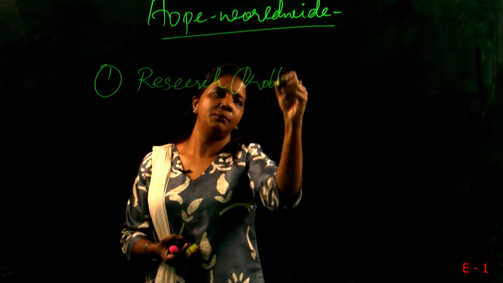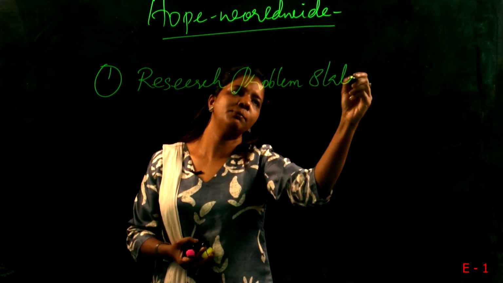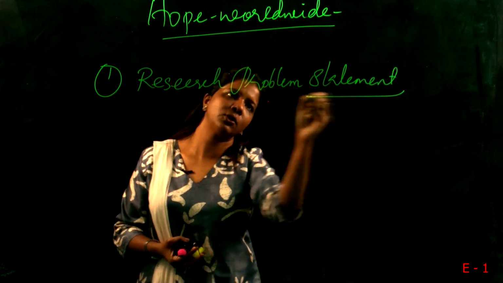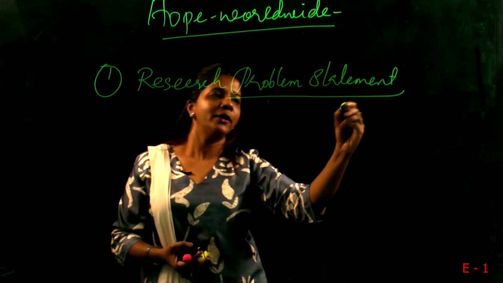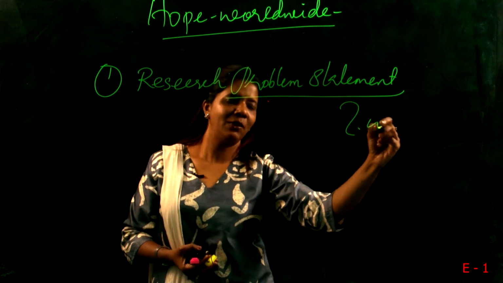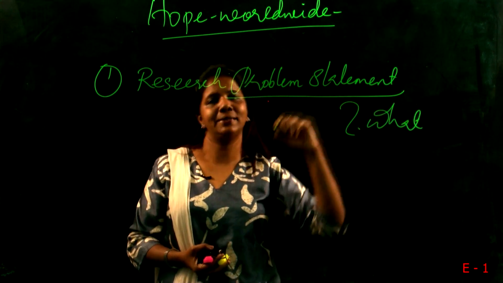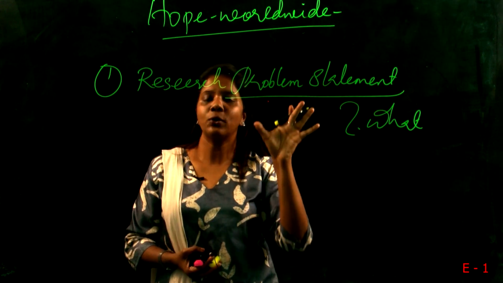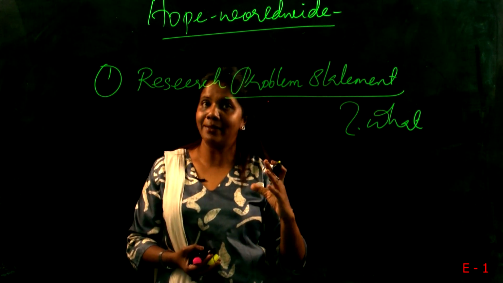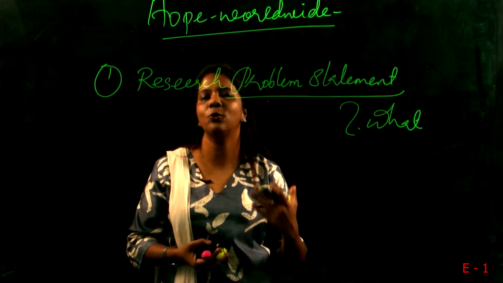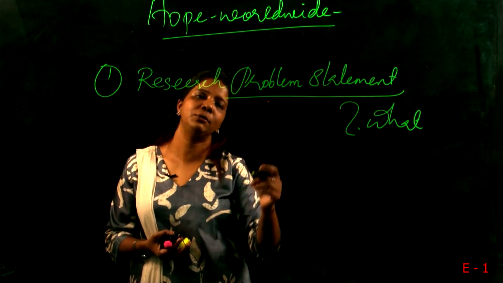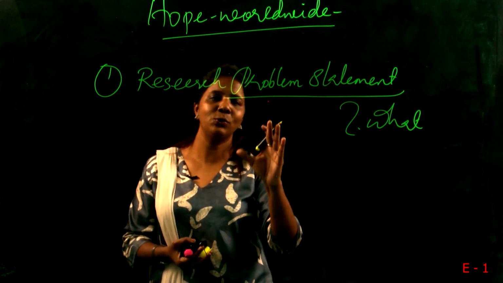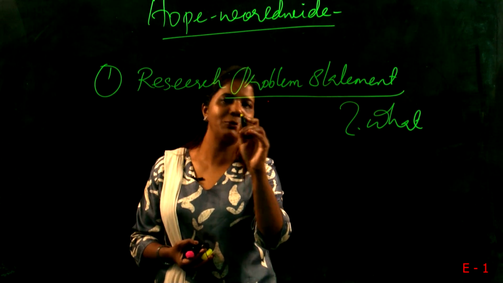Research problem statement. When you look at what you mean by research problem statement, it's always about what you are going to discover, right? On which topic are you going to conduct the study? According to Kerlinger, a problem statement is an interrogative sentence or statement that is going to discover the relationship between two variables. As you know, there are two variables in the statement of the problem.